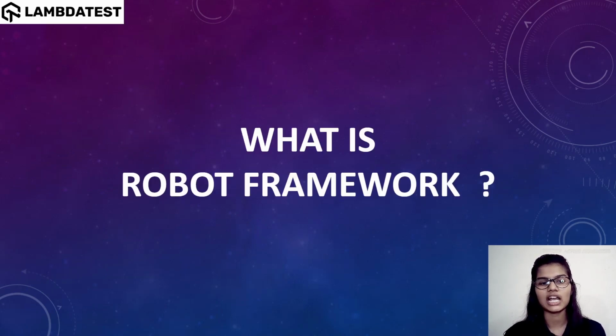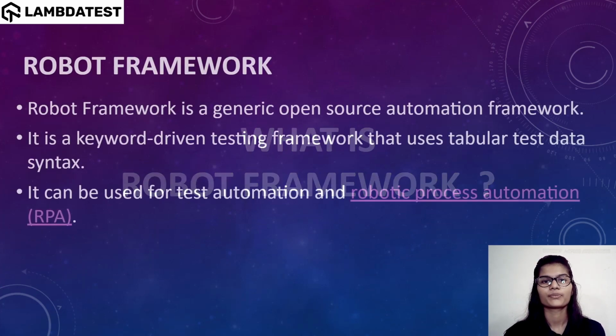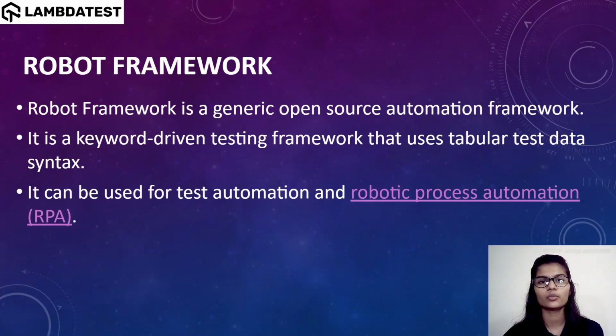The next topic I have is the Robot Framework. Now we'll be discussing in detail what Robot Framework is, what things we have in it, and how those things actually work. First of all, I'll discuss a little bit about Robot Framework.